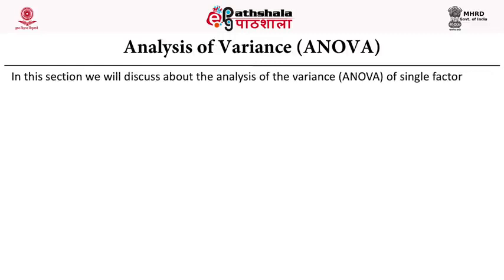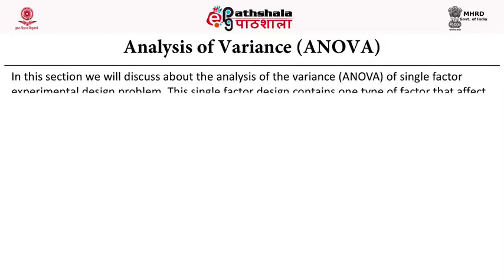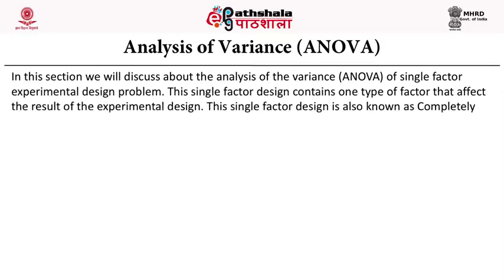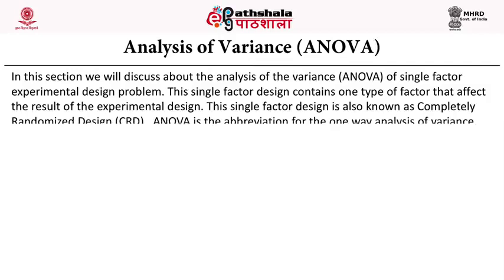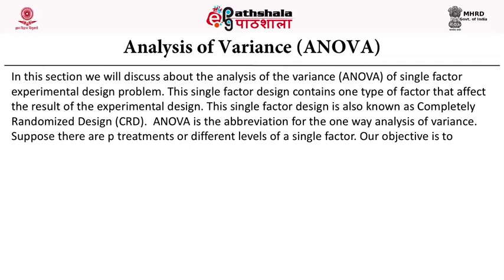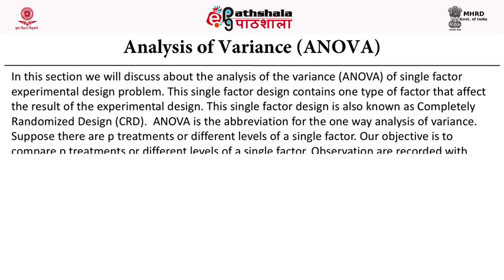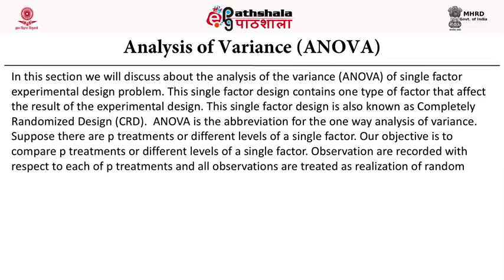First, we will discuss what is ANOVA, that is analysis of variance. In this section, we will discuss the analysis of variance of a single factor experimental design problem. This single factor design contains one type of factor that affects the result of the experimental design. This single factor design is also known as completely randomized design.